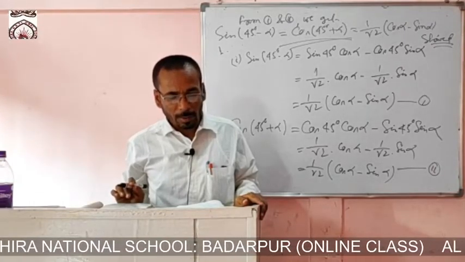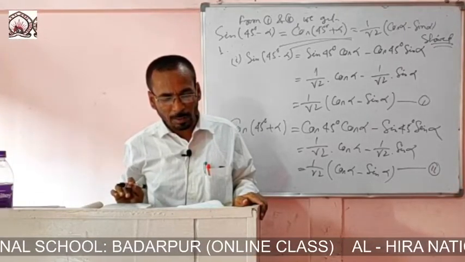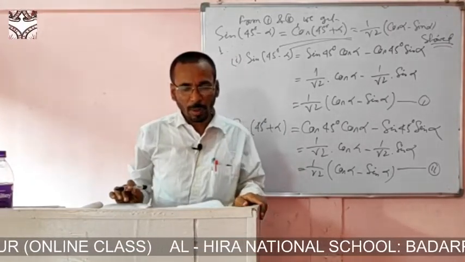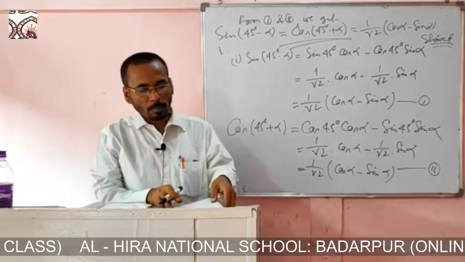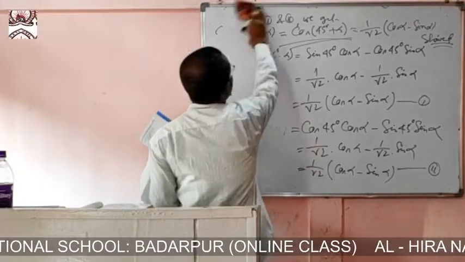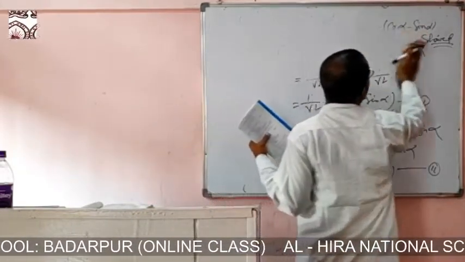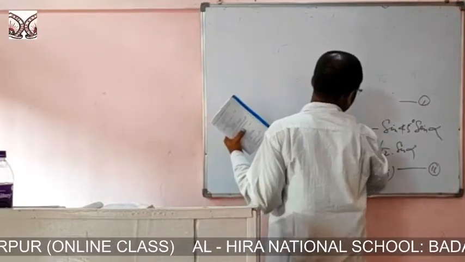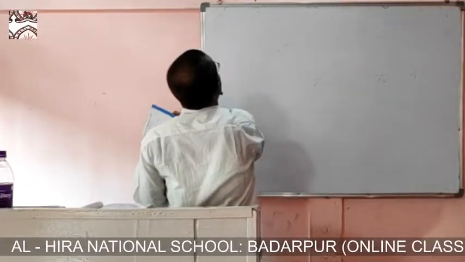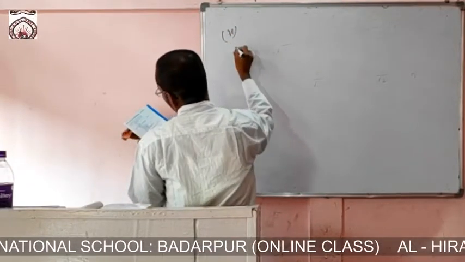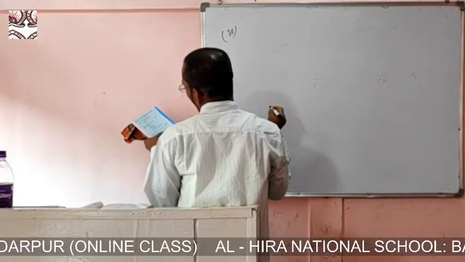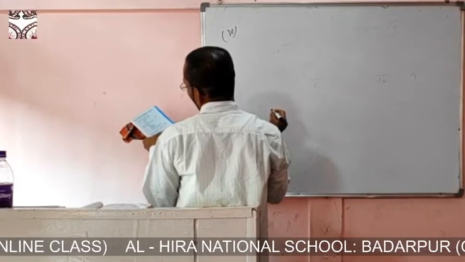Like this way number 4 will be, and like this way number 5 also, and number 6 is tan 10 plus tan 35 plus tan 10 tan 35 equals 1. Here you have to show number 6. I am doing number 6. We know tan 45 is equal to 1.